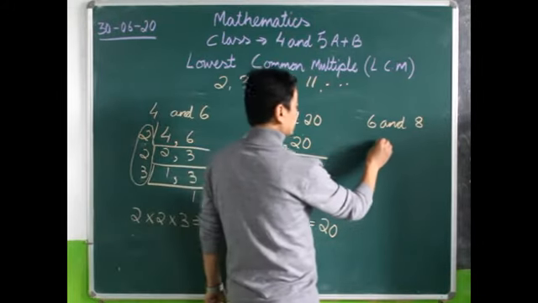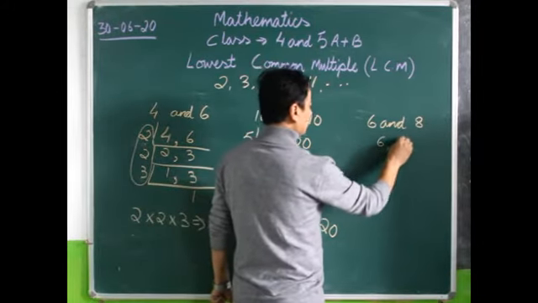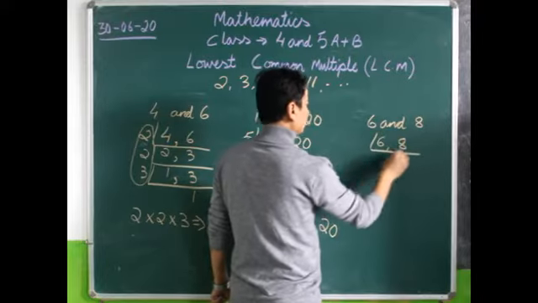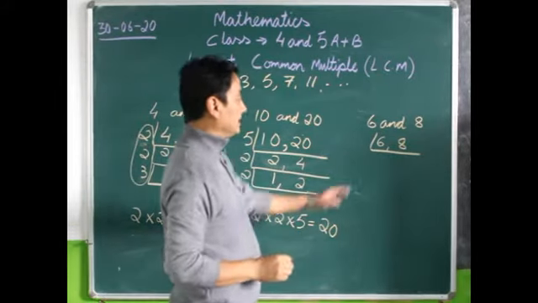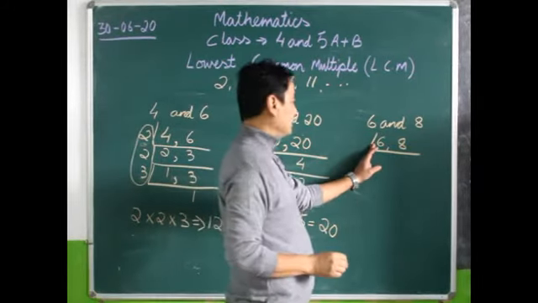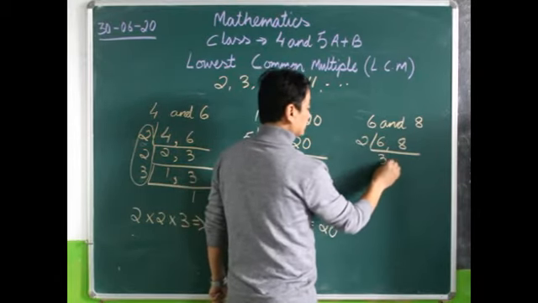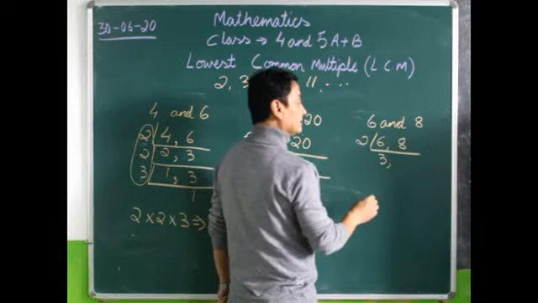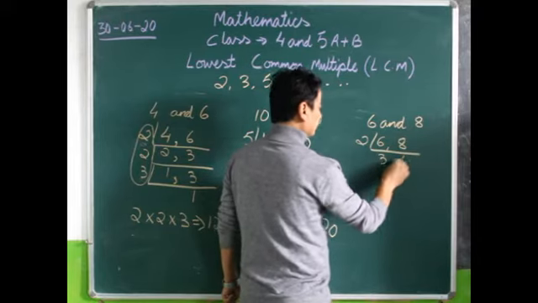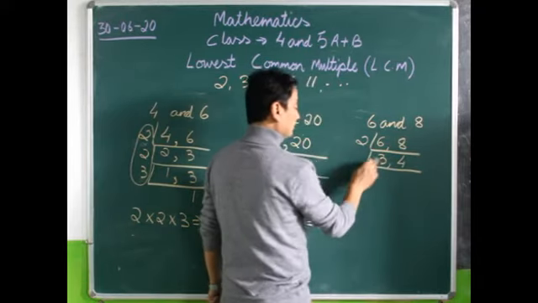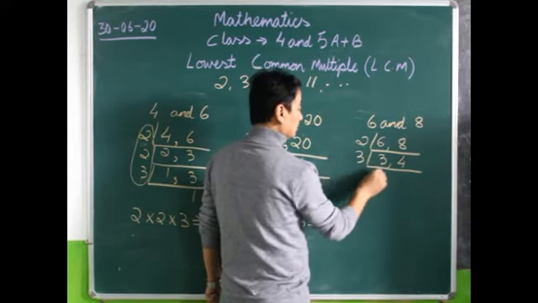Let's do 6 and 8. 6, 8. Which number will go into 6? When you look at 6, which number? 2. Okay. 2 goes into 6 how many times? 3 times. Will 2 go into 8? Yes. How many times? 4 times. Which number will go into 3? 3, 1.